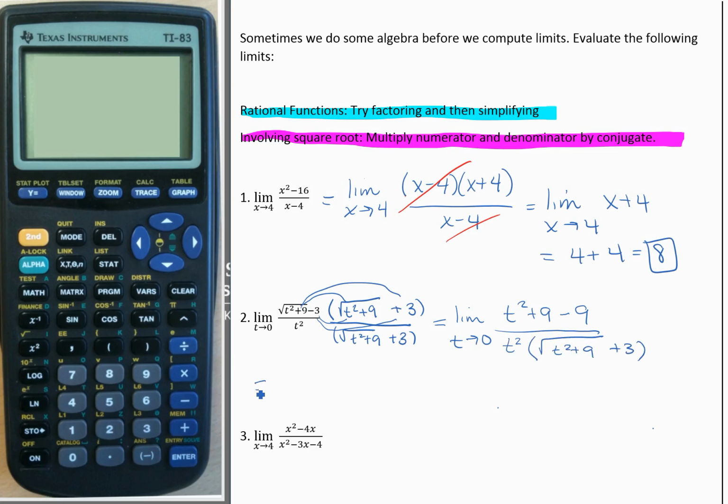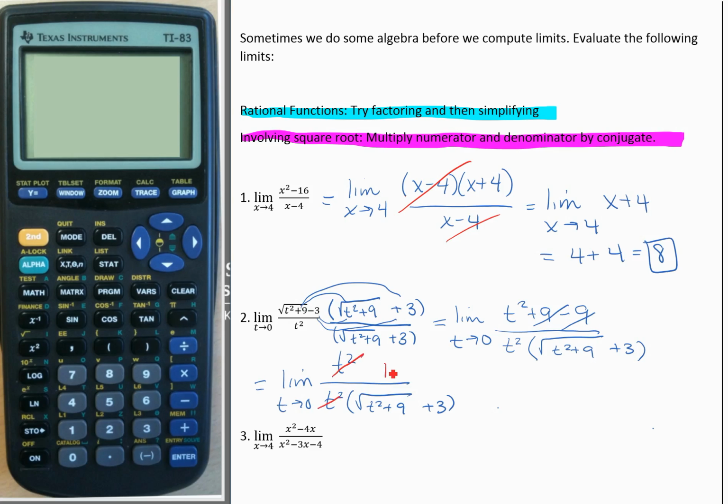Okay, so notice in the numerator we have a plus 9 and a minus 9, so those just become 0. So we have the limit as t goes to 0 of t squared over t squared times the square root of t squared plus 9 plus 3. And notice we're multiplying everything here. Everything's factored, and we have these t squared, so we can cancel out the t squareds.